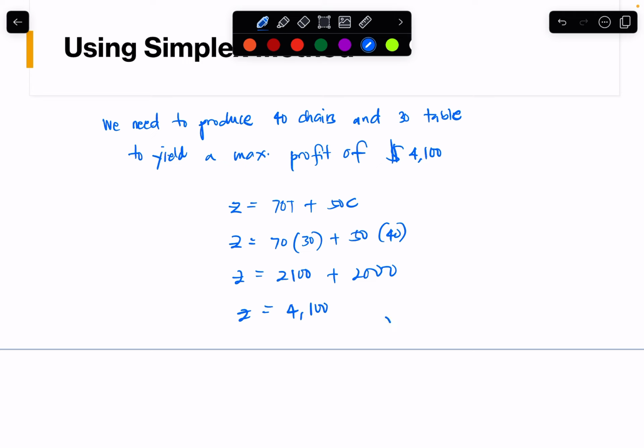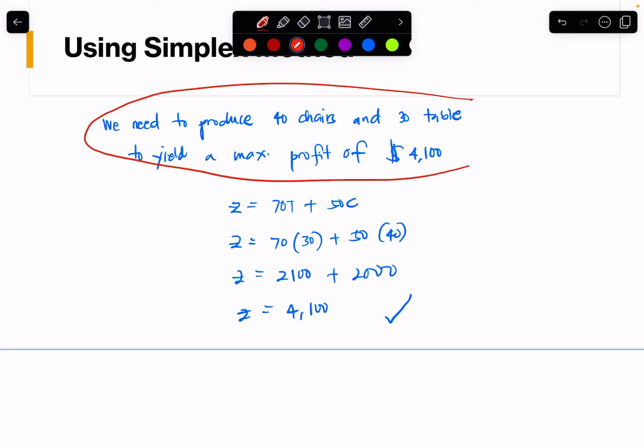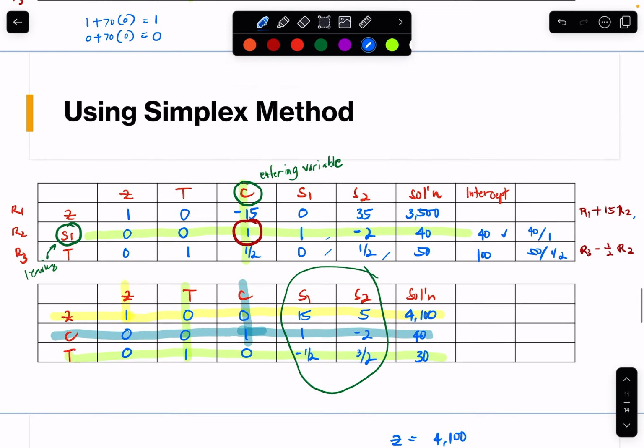Which is correct. So therefore, this will be our decision. We need to produce 40 chairs and 30 tables to yield a maximum profit of $4,100. And that is how we do the simplex method.